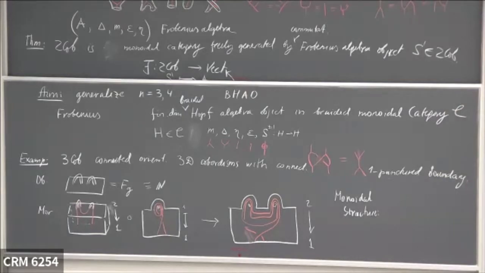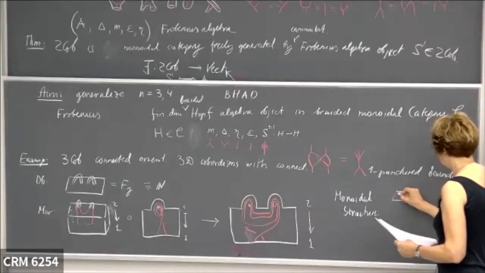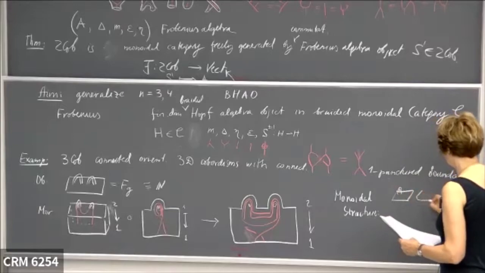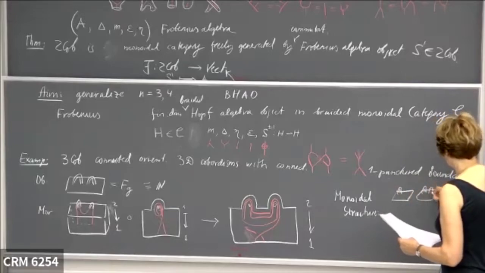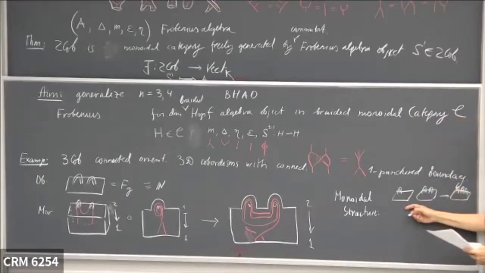Okay, and now this is a monoidal category. It's basically just putting things side by side. This is one guy, two guys, so basically F1 tensor F2 is equal to F3.